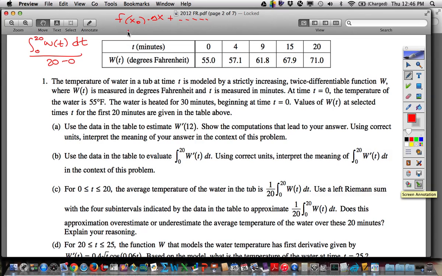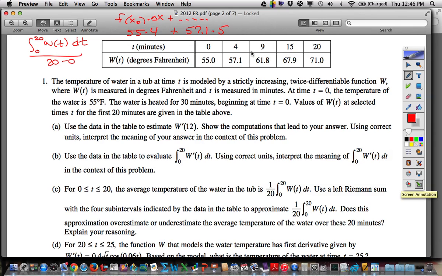So this is going to be 55 times 4 plus 57.1, and you go ahead and write this down in your packet, then we'll have this problem done. 57.1 times the next one is 5y. But notice we're using the y value on the left edge of the interval.